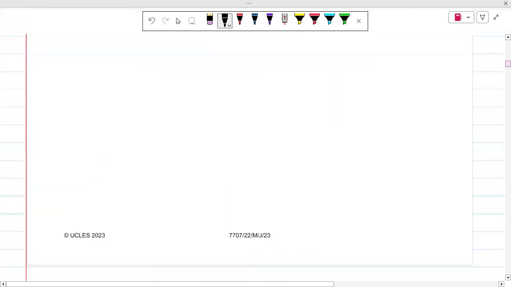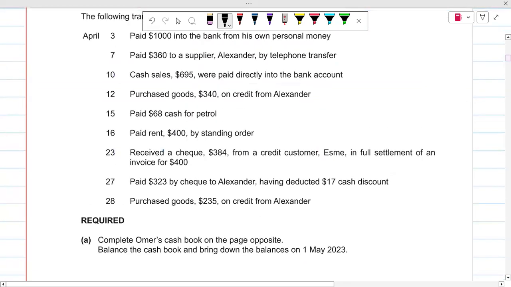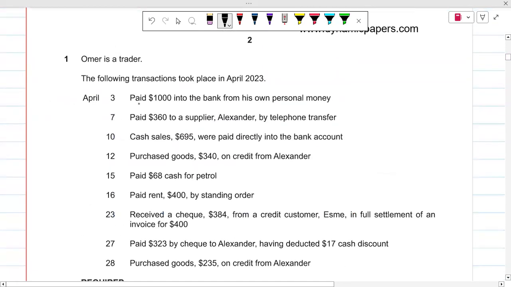In the transaction of April 3, we are saying that he paid $1,000 into the bank from his own personal money. Whenever an owner is investing or using his personal money in the business, it is increasing the capital.